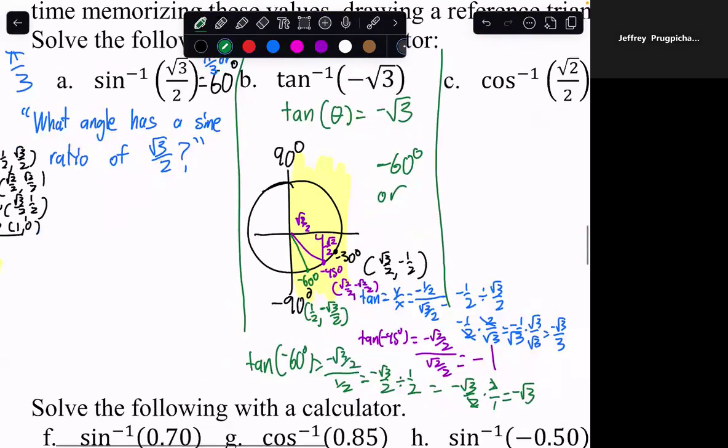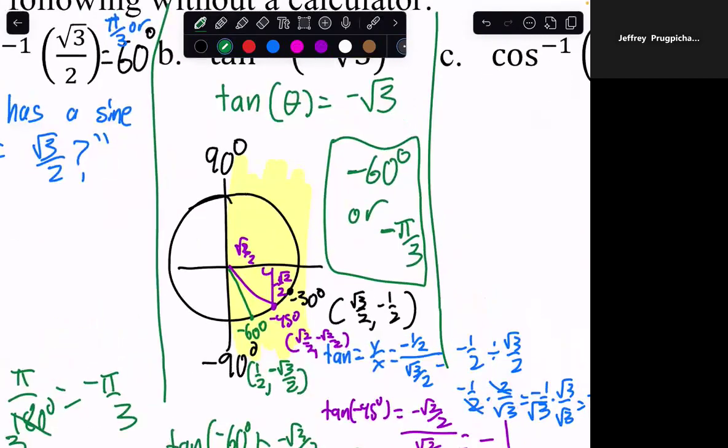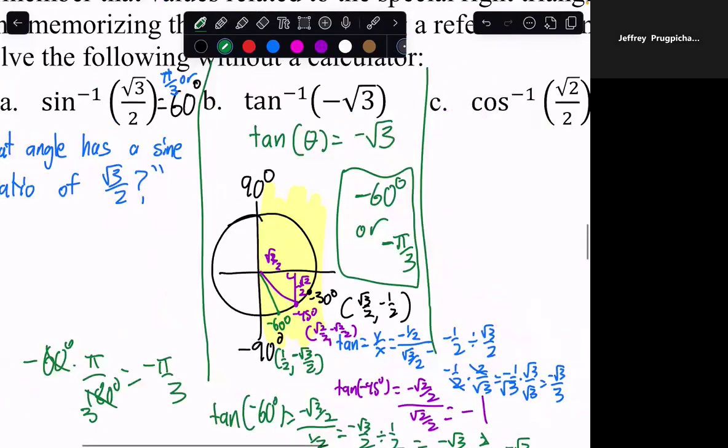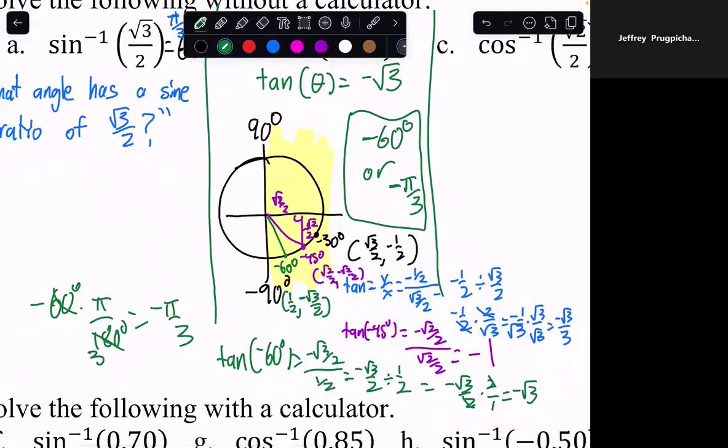Negative 60 degrees in radian form is negative pi/3. It would not be correct to say 300 degrees.